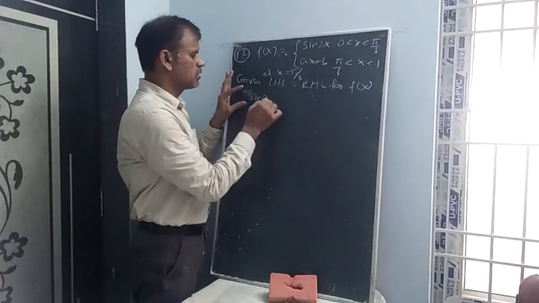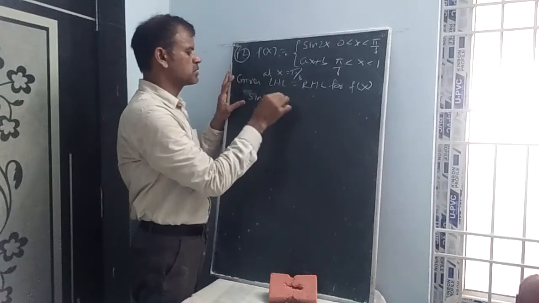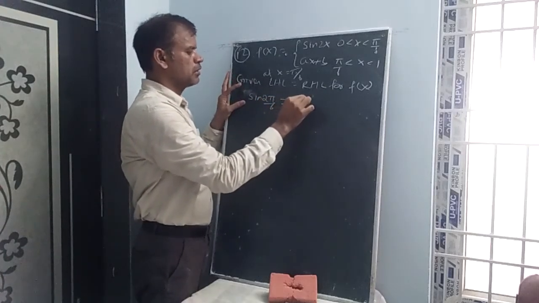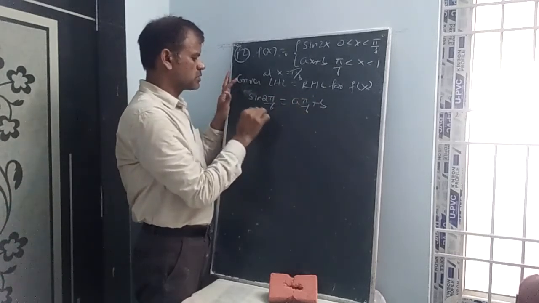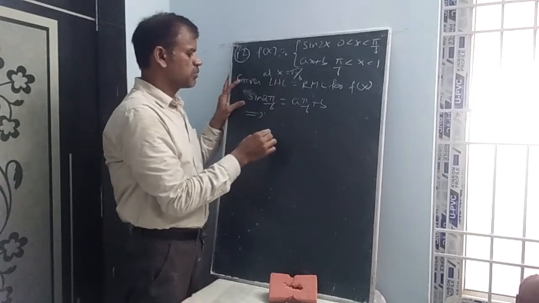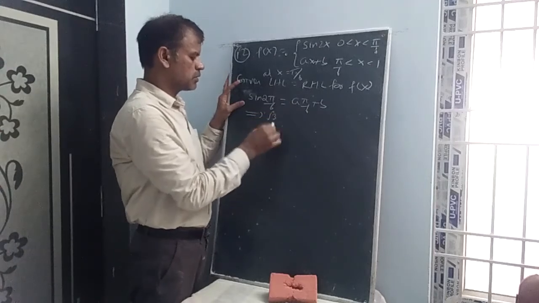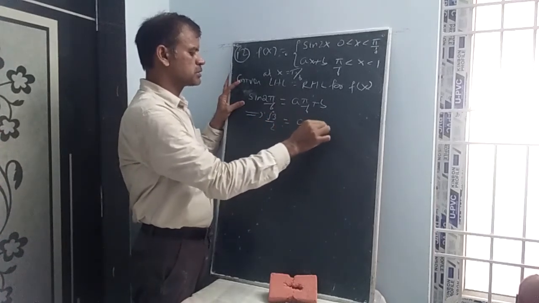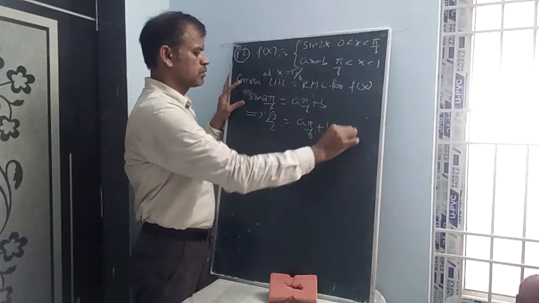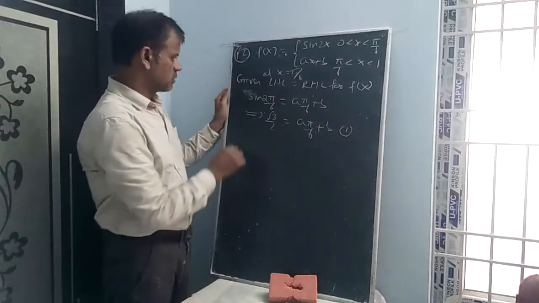So directly I am writing sin of 2 pi by 6 is equal to a pi by 6 plus b. The value of sin pi by 3 is root 3 by 2. So root 3 by 2 equal to a pi by 6 plus b. Let it be the first equation.